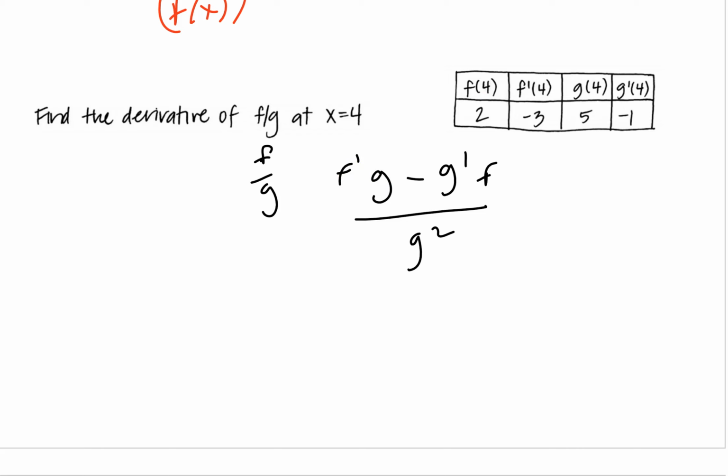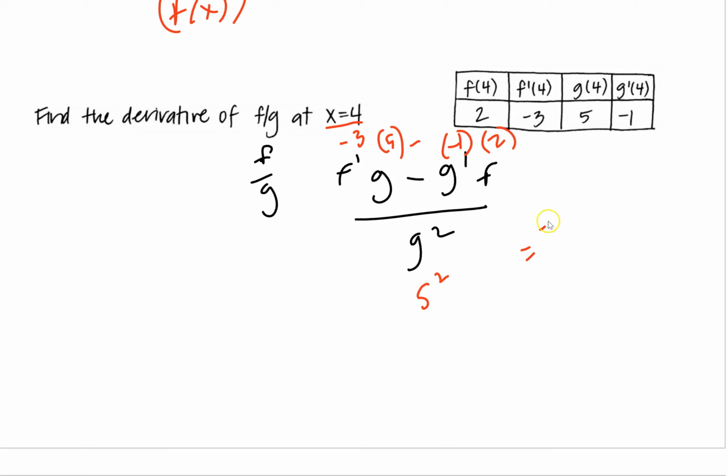Well, f prime of 4 is negative 3. g of 4 is 5. g prime of 4 is negative 1. f of 4 is 2. Again, why am I doing 4? Because they tell me at x equals 4. And the bottom is this g of 4, so that's 5 squared.